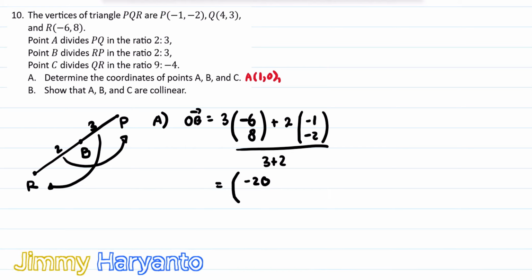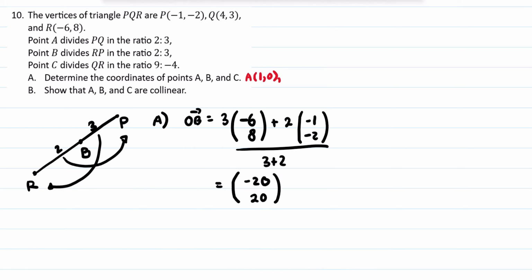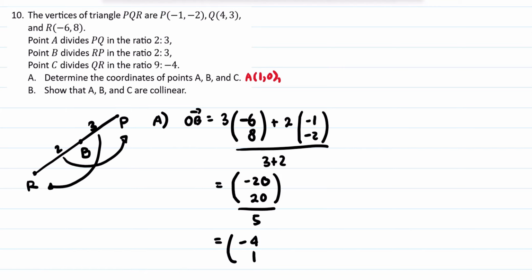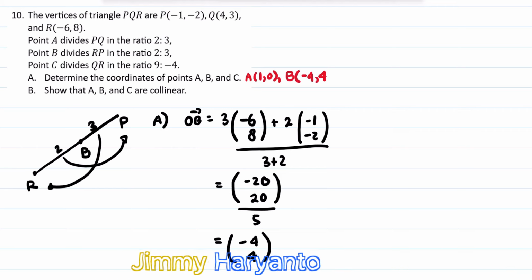This one is 24 minus 4 equals 20, divided by 5. So the final answer is -4 and also 4. The point B is -4, 4.